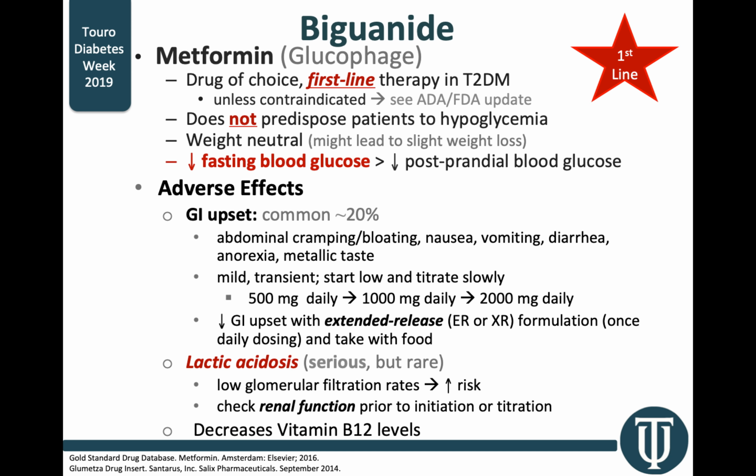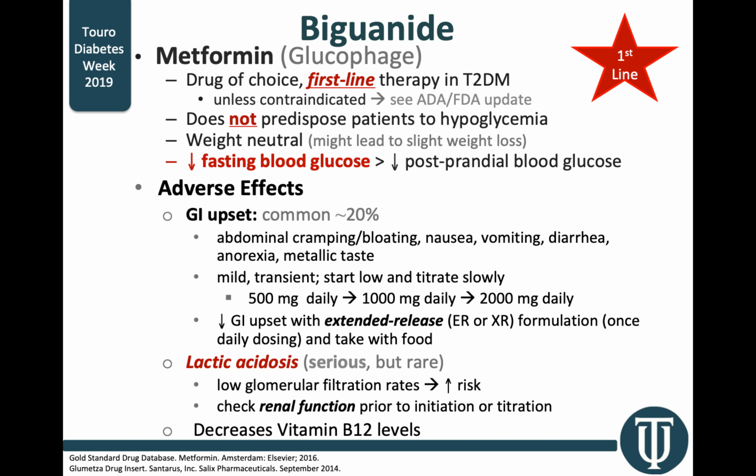However, we have seen a little bit of weight reduction in some patients. In terms of the glucose reduction effect, metformin impacts fasting blood glucose more than postprandial blood sugars.